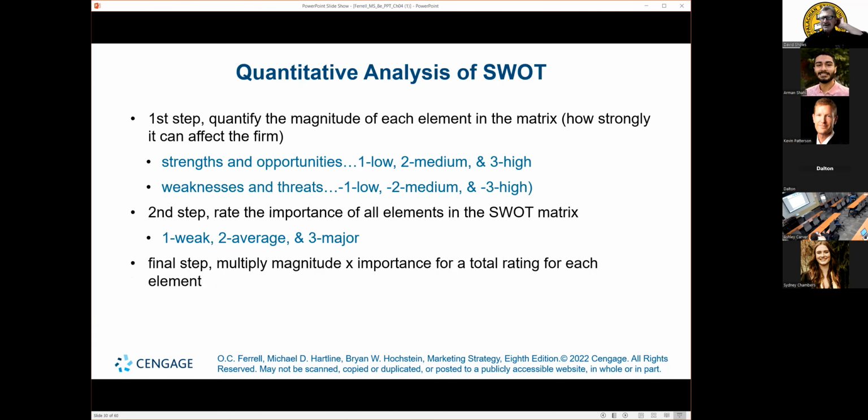Now, I want to just say something briefly here about quantitative analysis. This may be one question. One of the things that you also need to do is quantify the magnitude of each element. We did not do that the last time, but how strongly these things can affect the firm can be very valuable in ultimately measuring whether or not this is a potential danger that can disrupt your organization.